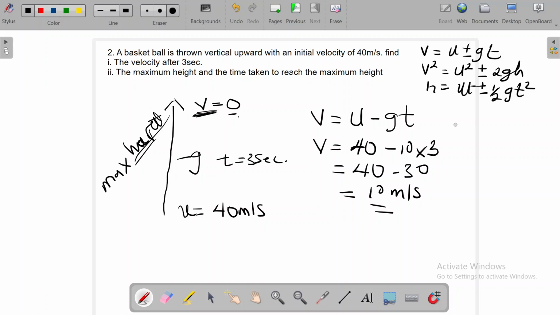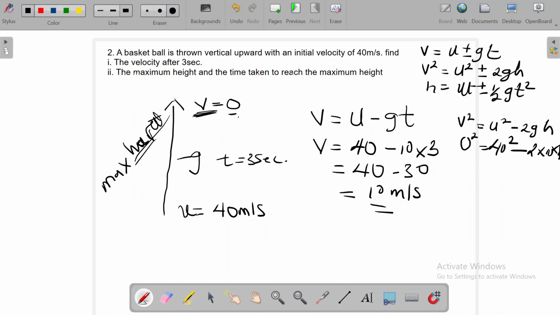So I would say v square is equal to u square negative 2gh. What is v? V is 0 square. What is u? U is 40 square. 2 times 10 times, we are looking for the h.